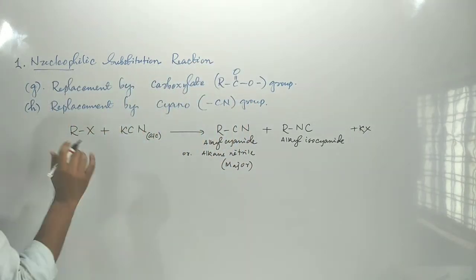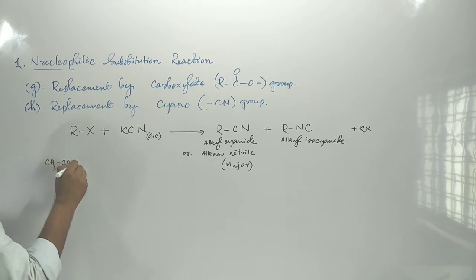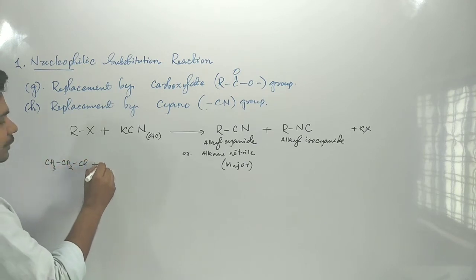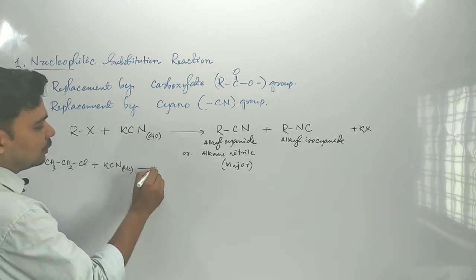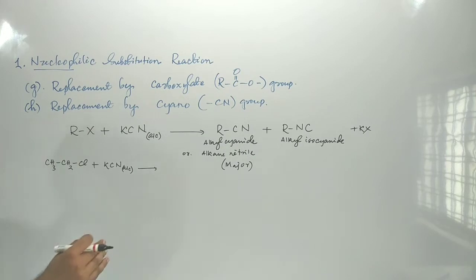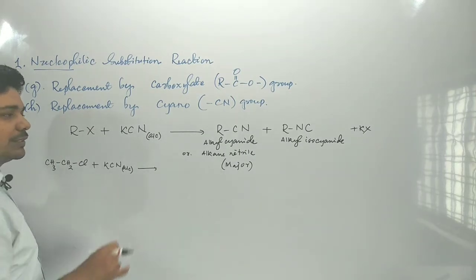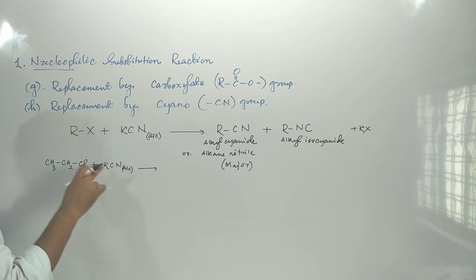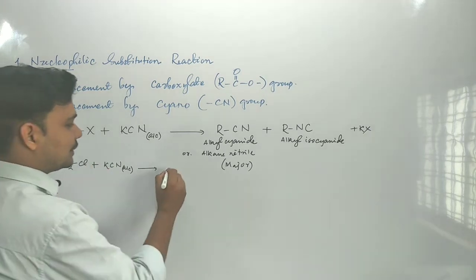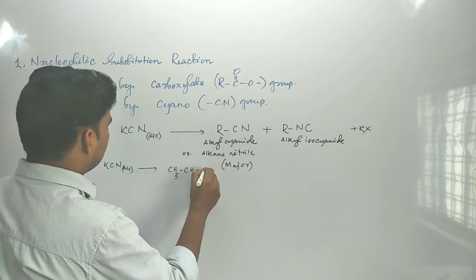Let me take some example first. When CH3CH2Cl is taken with KCN, the medium is alcohol, or you can take dimethyl sulfoxide. Dimethyl sulfoxide could be considered as the solvent. Okay, so this CN minus will substitute this chloride ion, so that we will get CH3CH2CN.